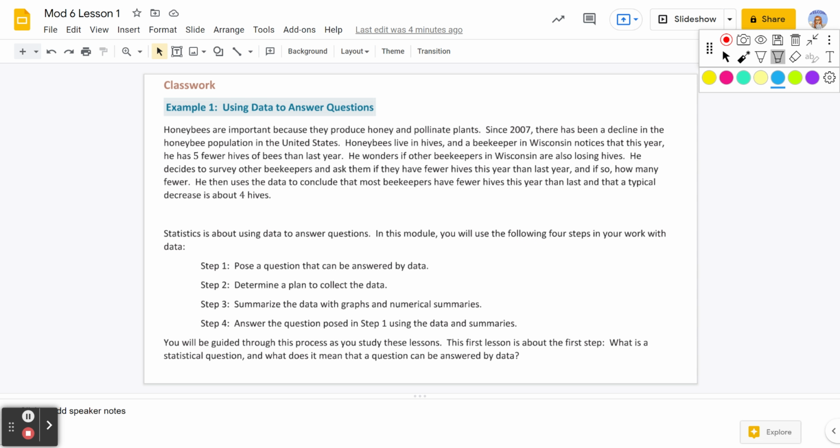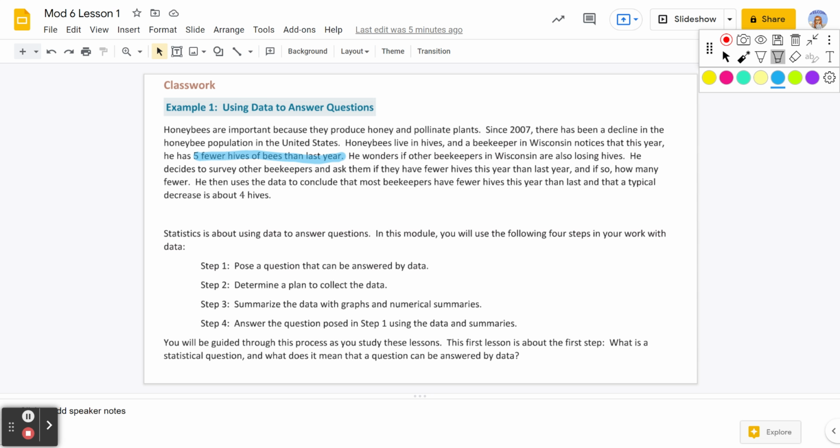So we're going to start with this example 1. Honeybees are important because they produce honey and pollinate plants. Since 2007, there has been a decline in the honeybee population in the United States. Honeybees live in hives, and a beekeeper in Wisconsin notices that this year he has 5 fewer hives of bees than last year.